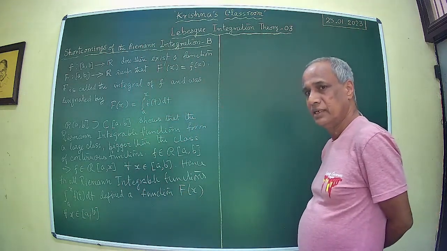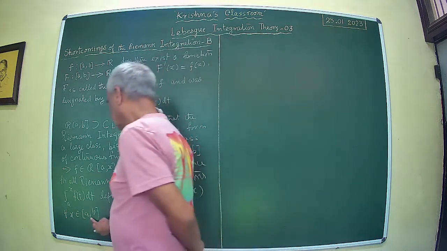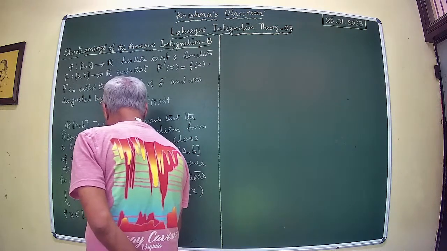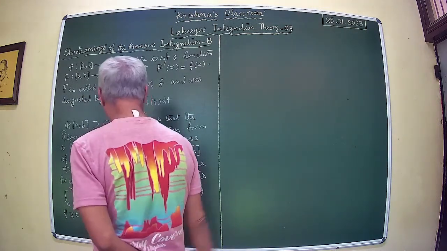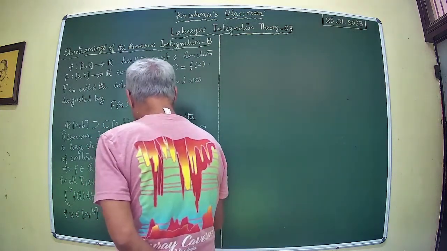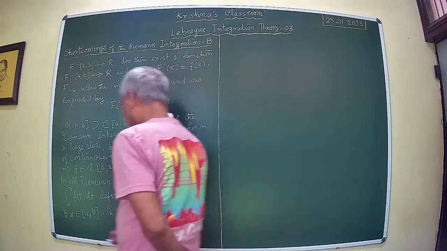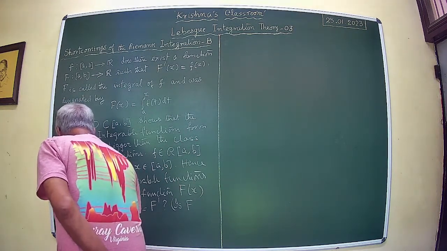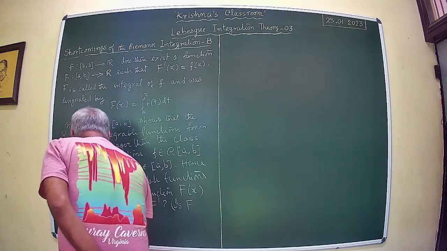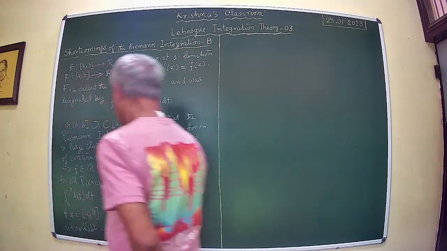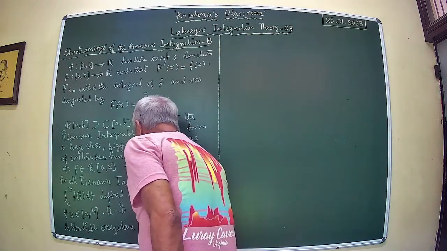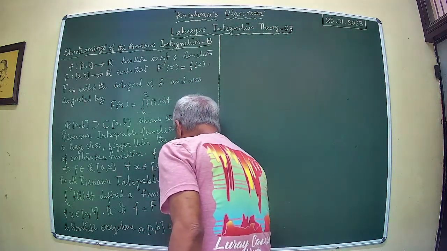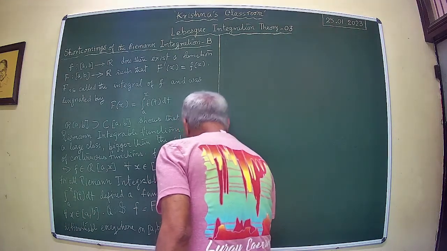So naturally, one asks the following question: is F differentiable everywhere on [a, b], and is F derivative of x equal to f? This was the question that was asked.